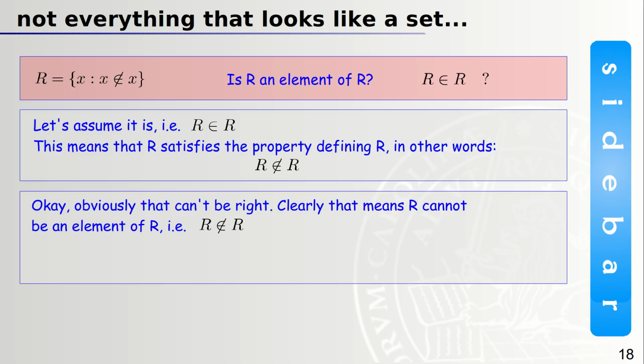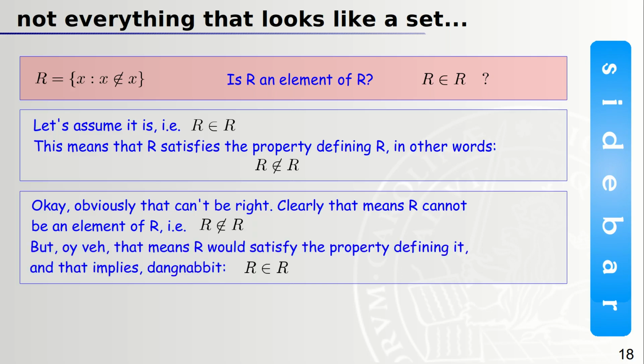Since the assumption that R contains R leads to a contradiction, we conclude that R cannot contain itself. However, if it doesn't, it means that it suddenly satisfies the property defining it, which then means it is an element of itself after all.